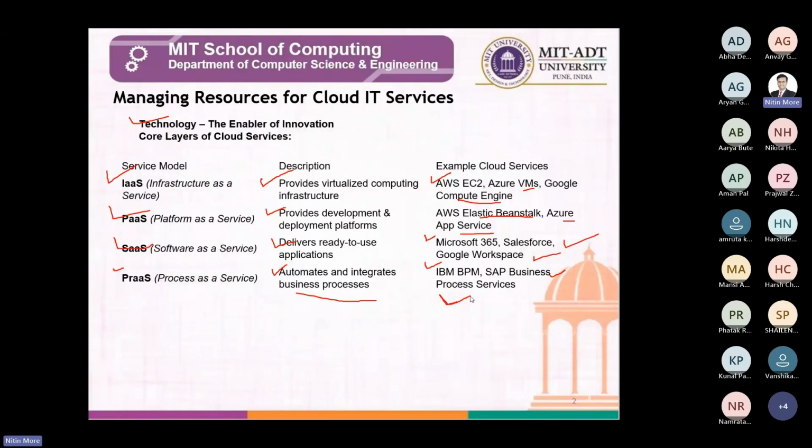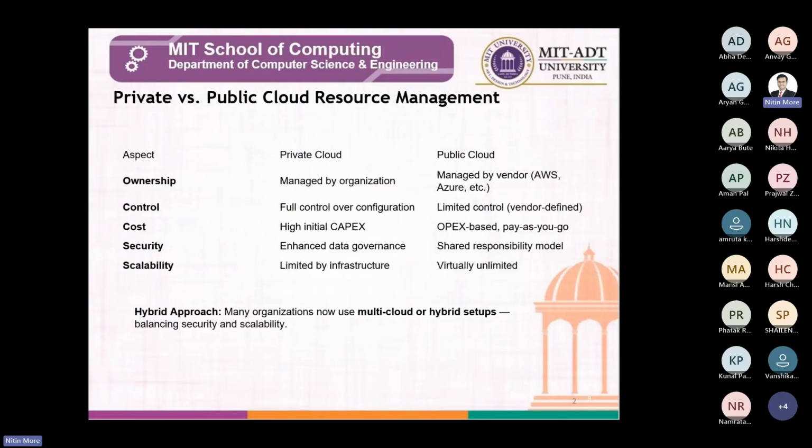Any doubt so far or confusion for whatever we have studied? People, process, and technology. If not, then let's see the next point we have: private versus public cloud resource management.